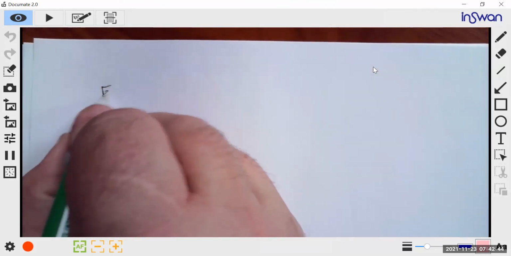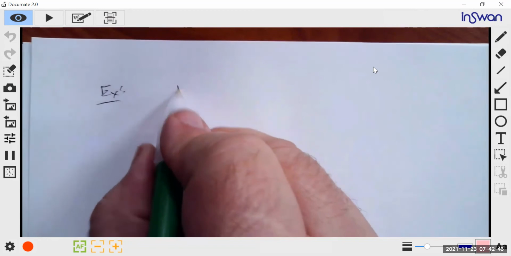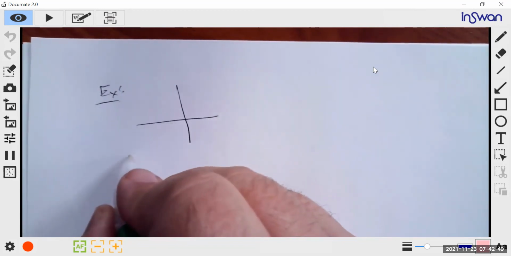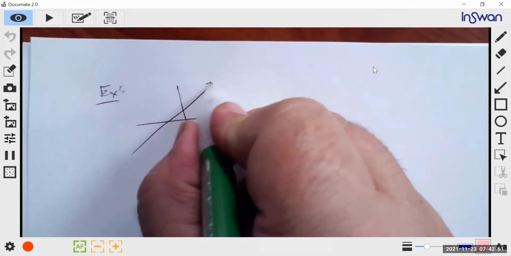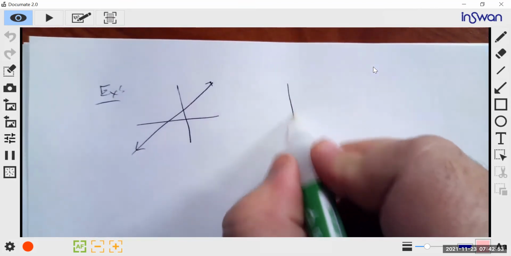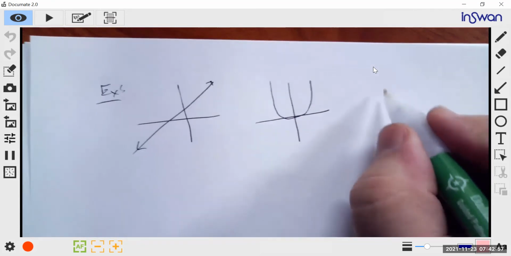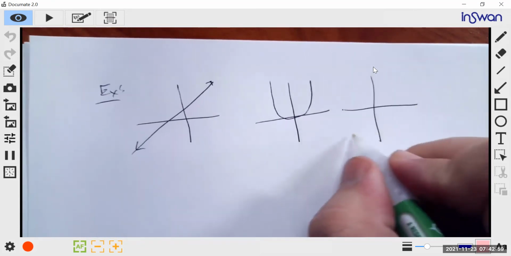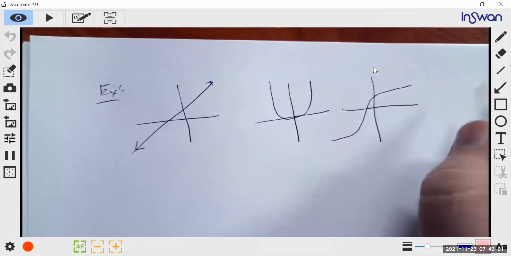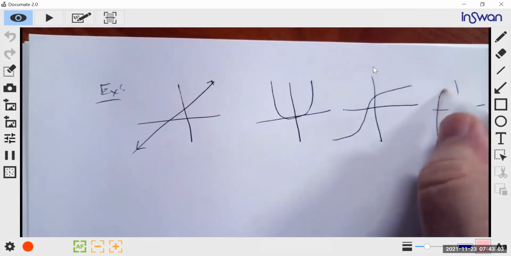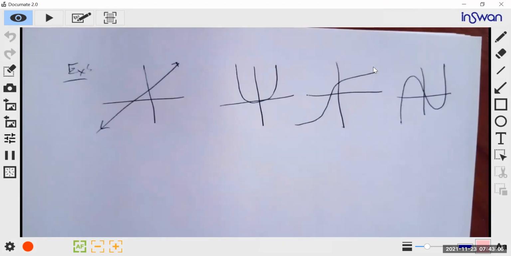Here are some examples. We have a diagonal line. We have a parabola. The cube root function. And the cubic function.